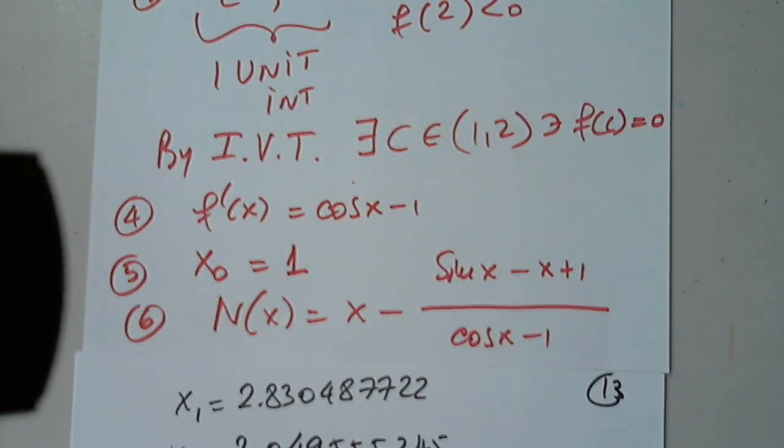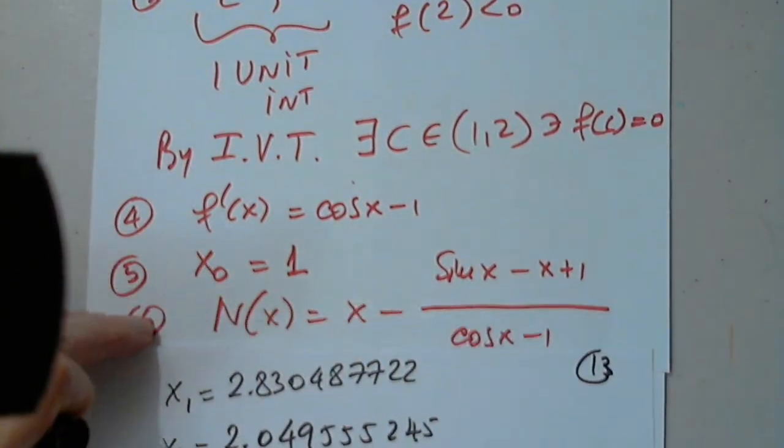Then 1.934568962. Still not repeating 6 decimal digits yet. One more. I bet that this is the last one, and the rest will all be the same. And the next one should be identical. It is.